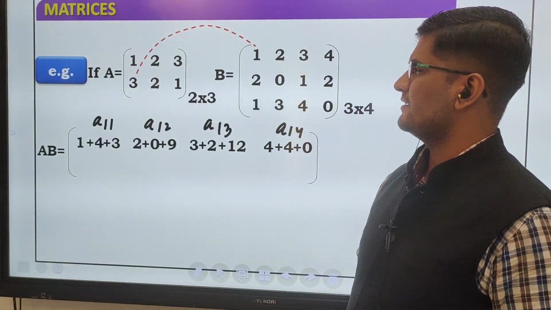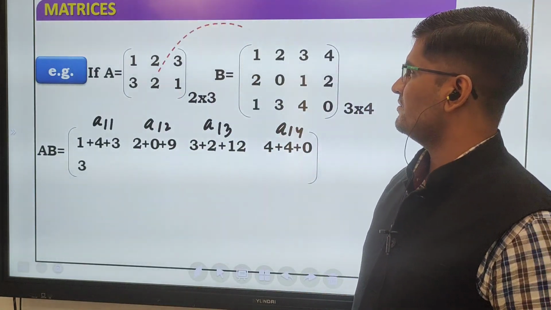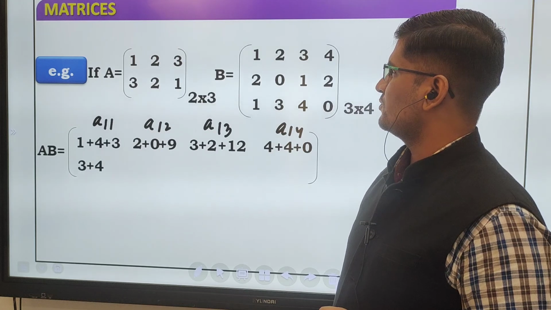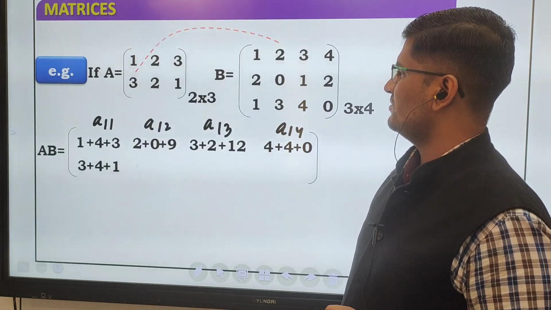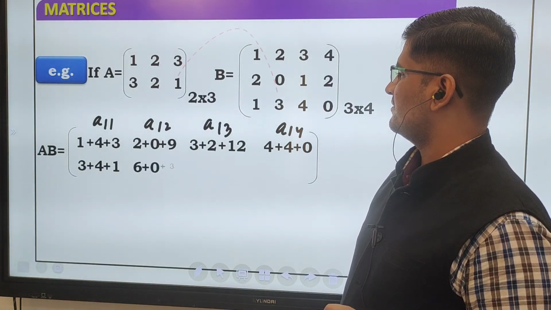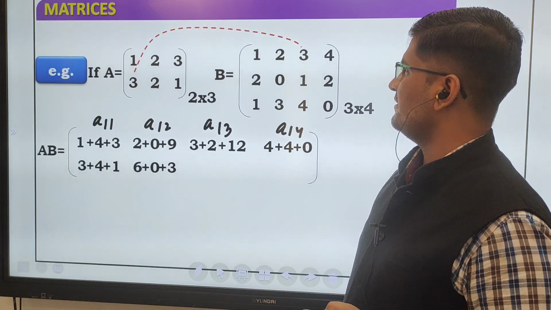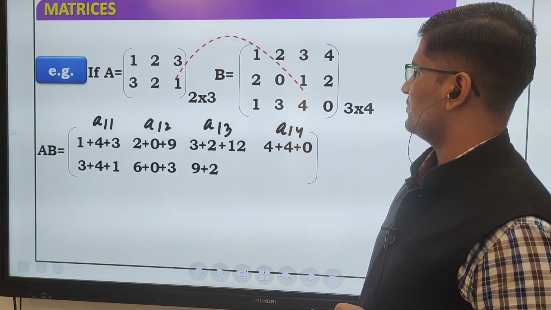Now next thing, A21, second row and first column. So 3 into 1, 2 into 2 and 1 into 1. Then 3 into 2, 2 into 0, 1 into 3. Then 3 into 3, 2 into 1, 1 into 4.